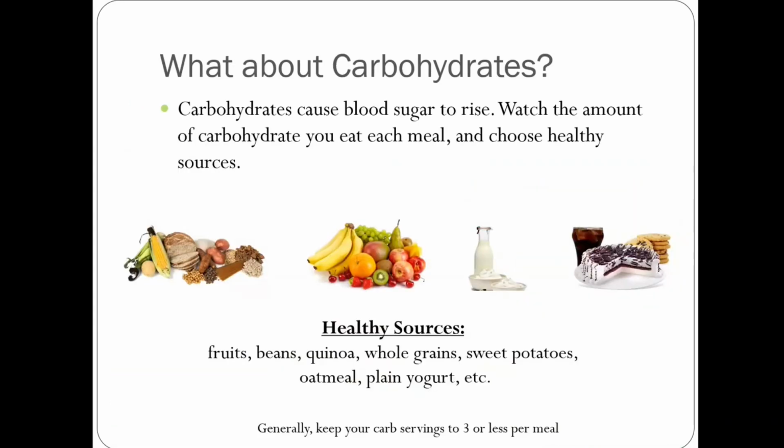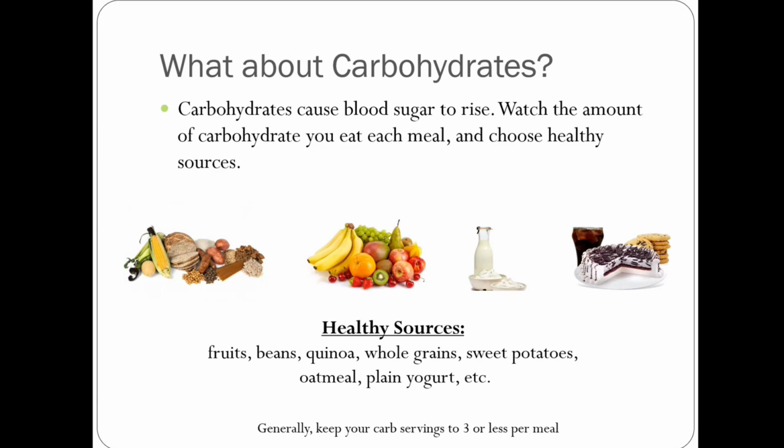Okay, so what about carbohydrates? Carbohydrate foods, when they digest, turn into sugar. So sugar can come from healthy foods and unhealthy foods just the same. So again, we circle back to this idea of all things in moderation. Carbohydrates can cause blood sugar to rise, so we want to watch the amount and the type that we're eating.